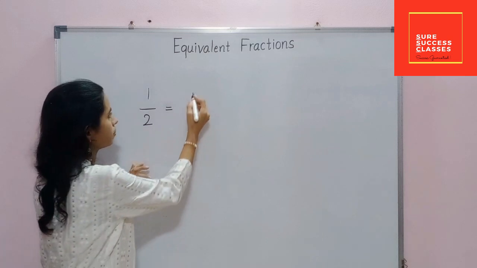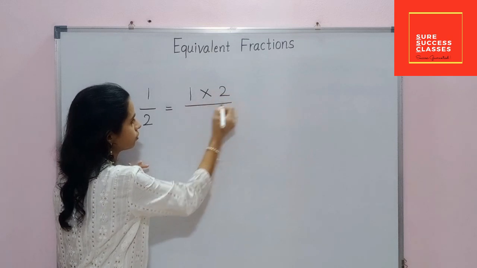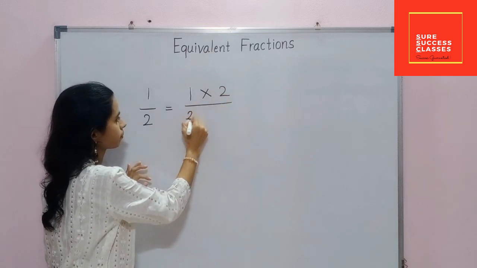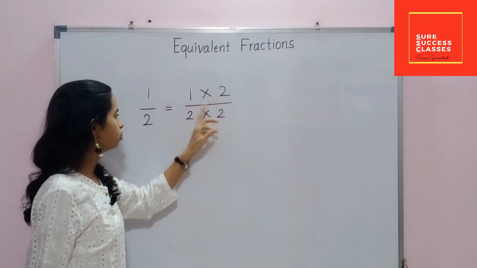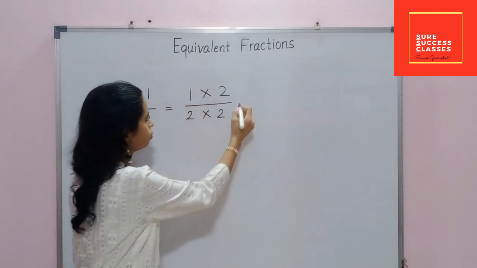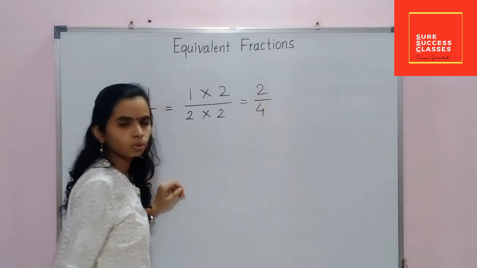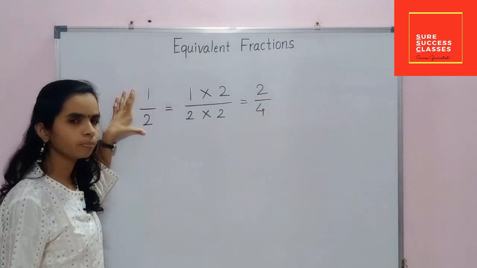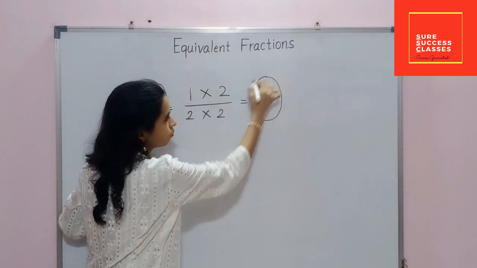So here I am multiplying by 2, so that we will get a different fraction. 1 multiplied by 2 and 2 multiplied by 2, here we will get 2 by 4. So the equivalent fraction of 1 by 2 is 2 by 4.